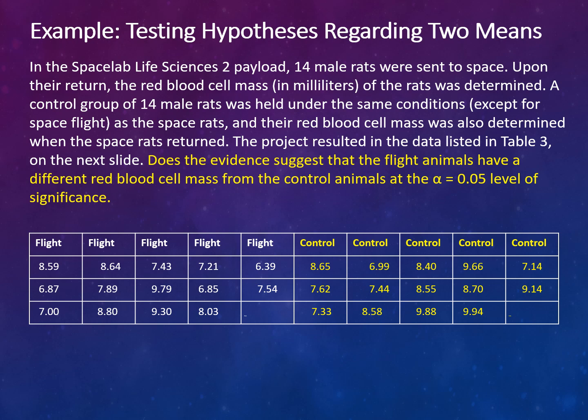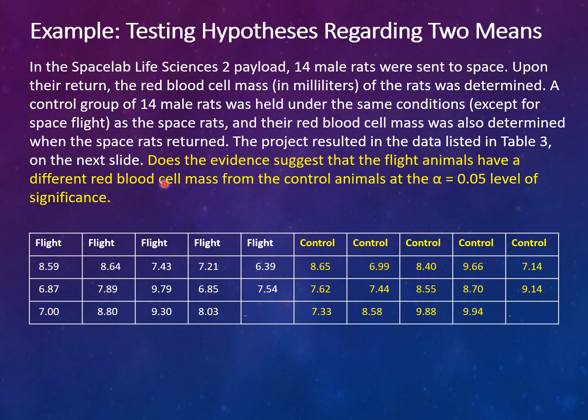The project resulted in the data listed in Table 3 on the next slide, actually down below. Does the evidence suggest that the flight animals have a different red blood cell mass from the control animals at the alpha equals 0.05 level of confidence?